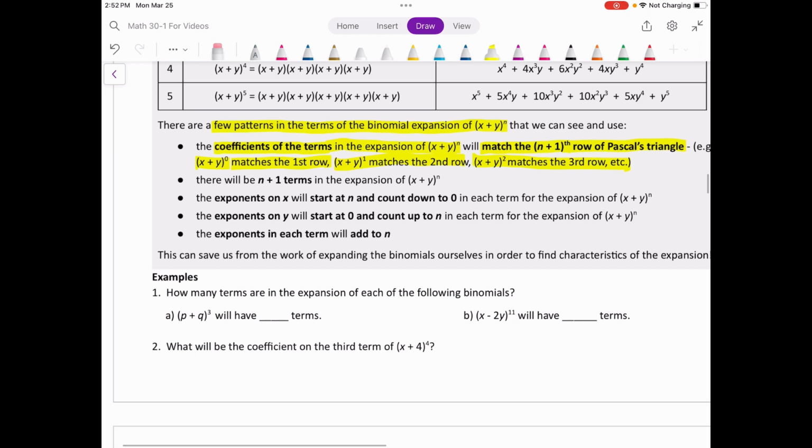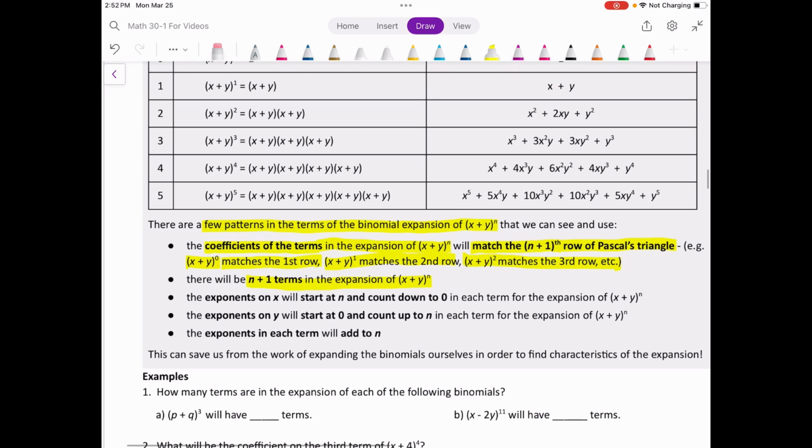We've also seen how there will be n plus 1 terms in the expansion of x plus y to the power of n. Again, we see that pattern here. When n is 4, we have 1, 2, 3, 4, 5 terms. When n is 5, we have 1, 2, 3, 4, 5, 6 terms.